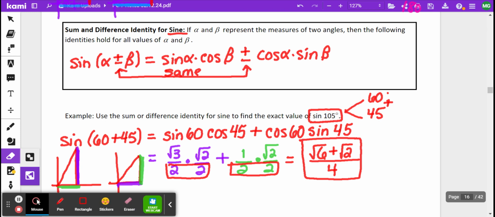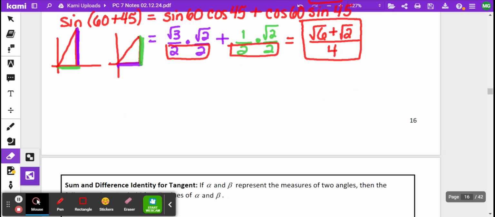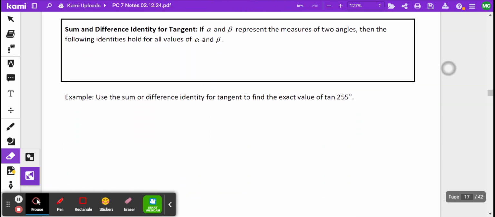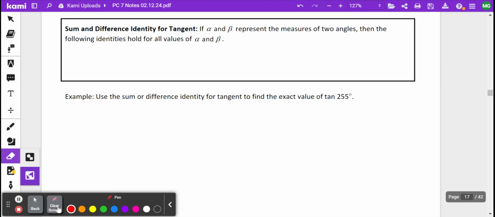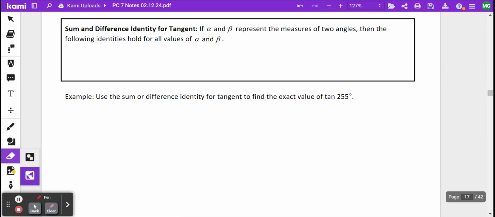Okay, so the third formula that we have is for tangent. And this one is a little bit more complicated, but not too bad. So we're going to have the tangent of two angles being added or subtracted. Okay, and this one's going to wind up being a big fraction.